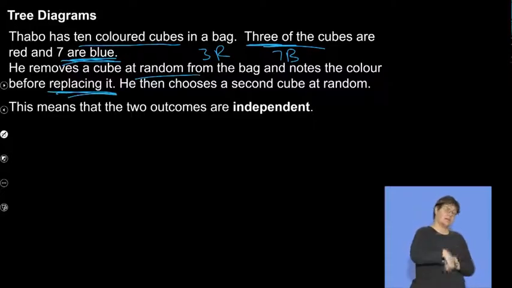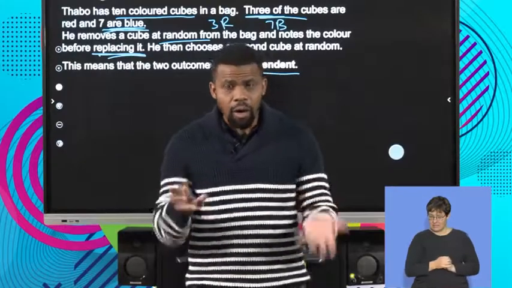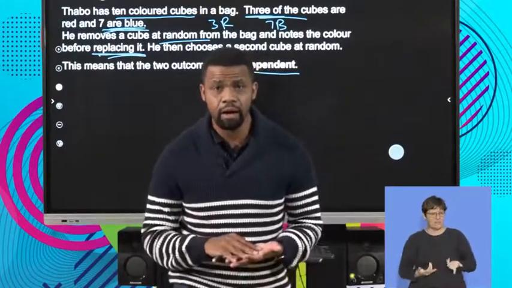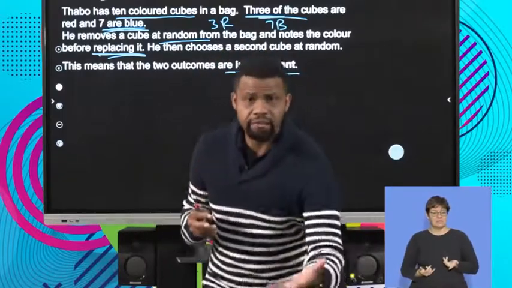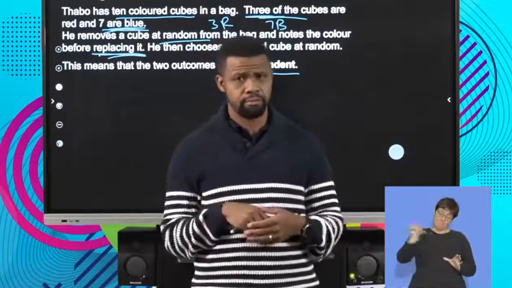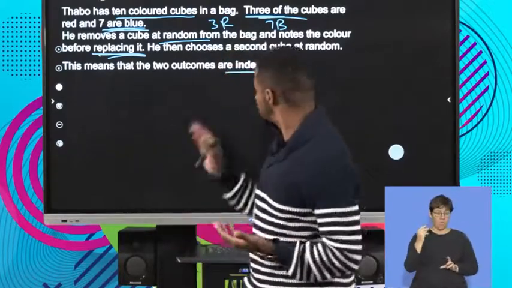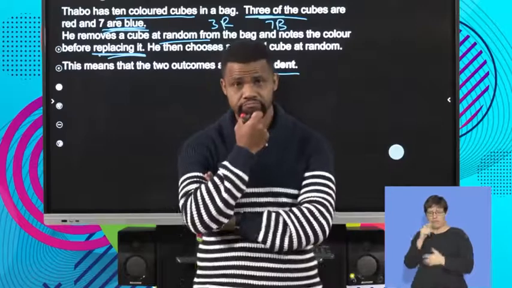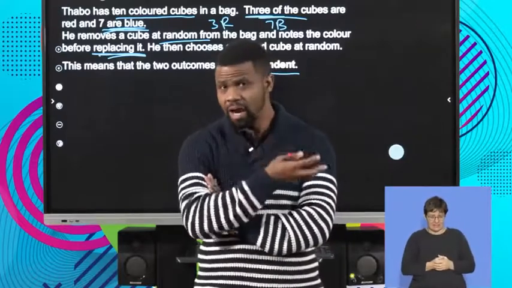Then he chooses the second cube at random. This means the 2 events are independent. Why do we say they're independent? Me getting red first will not affect the chance of me getting blue second. Any idea why this is independent?